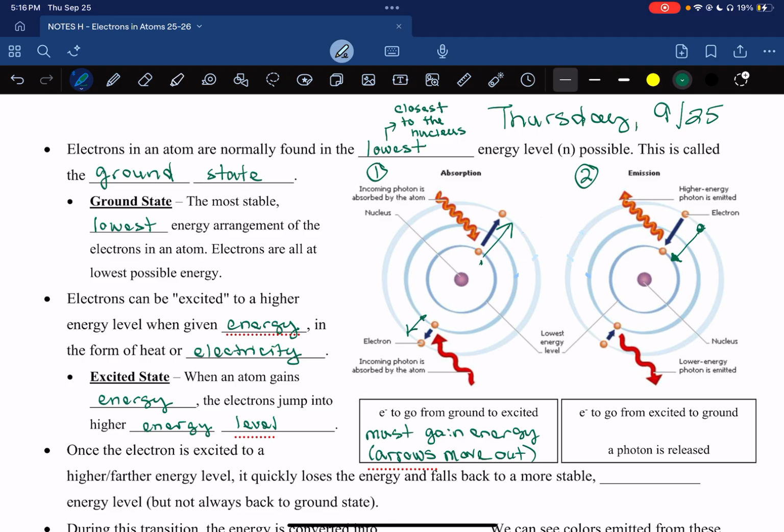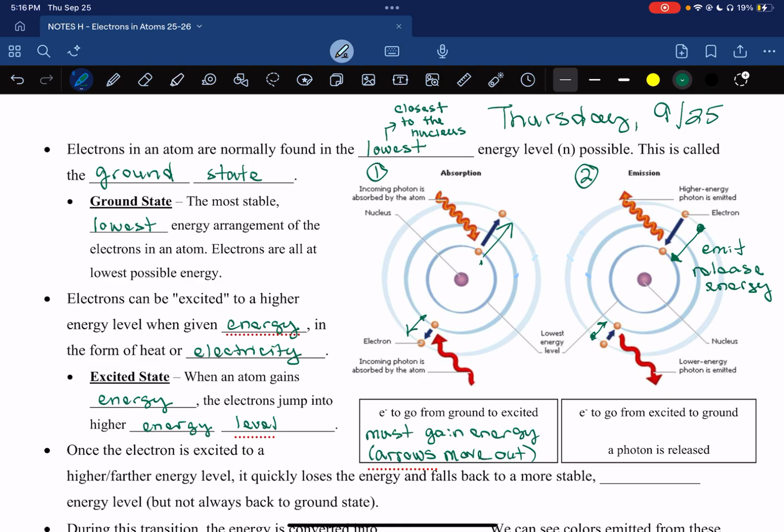So we have the arrow that starts out and moves in. When the arrow is moving in, it is going to release energy, emit light. On this one, it's doing the same thing. It's traveling closer to the nucleus, so it is going to release some energy in the form of light.